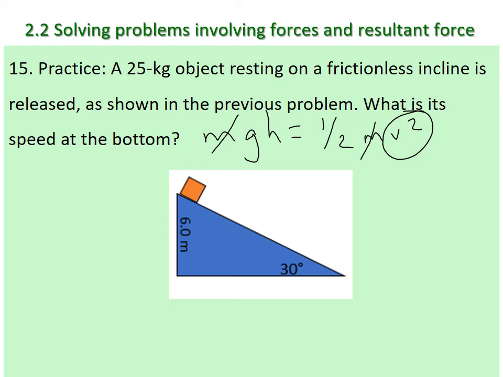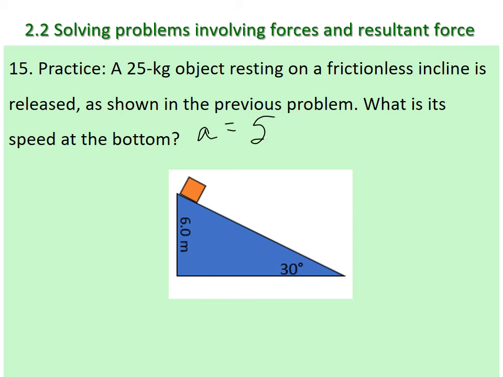For those of you who don't yet know about gravitational potential energy or conservation of energy, we're going to use SUVAT. So let me erase this, and I'll show you how to calculate this using SUVAT. We have the acceleration from the last problem: 5 meters per second squared, and I know the object is starting from rest, so initial velocity is 0 meters per second.